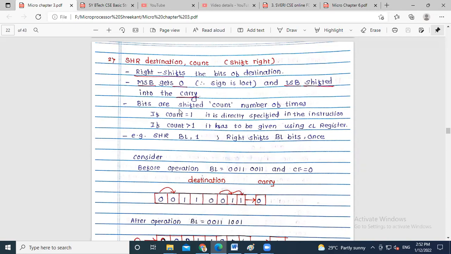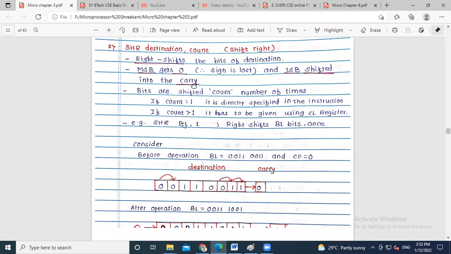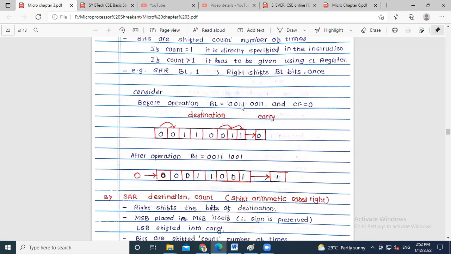So for SHR BL, 1, for example, 0011 1100. Here the carry is 0 and the bits are going to be shifted 1 to here, and this 1 to here. So 00 again 00, 1111, and these two 0s are shifted here, and finally the last second bit is 0.